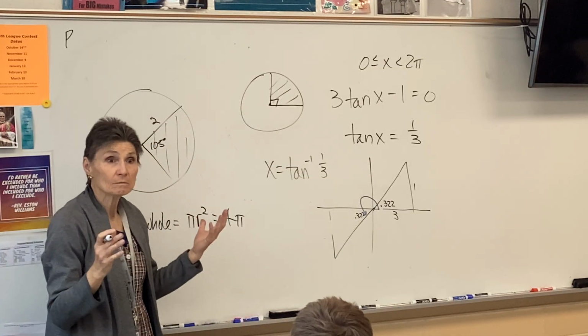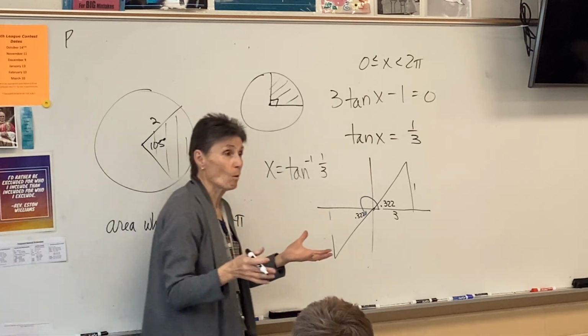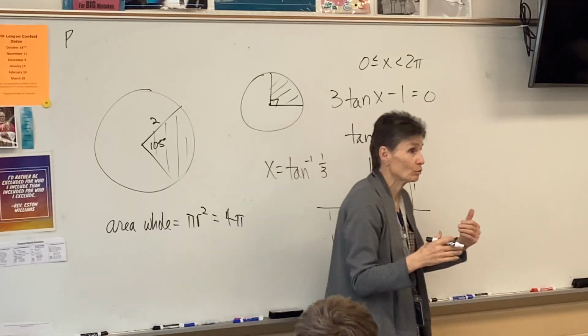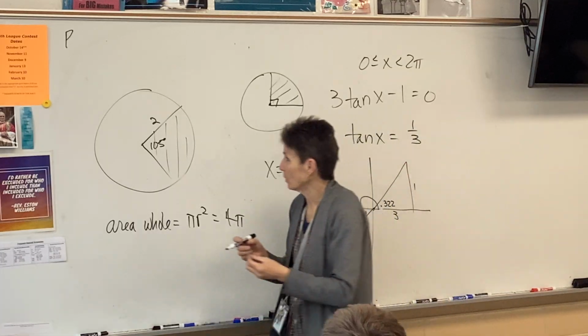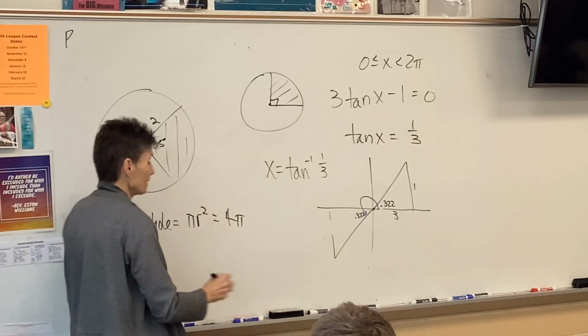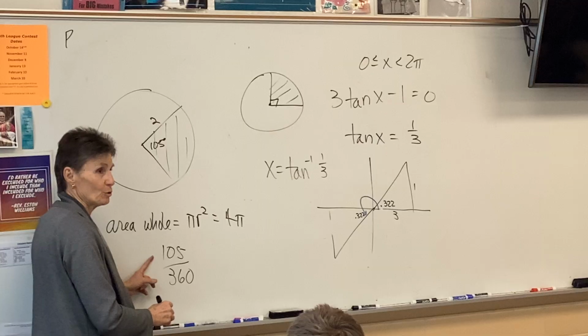What would you do? That's just a fourth, right? It's a fourth. Why is it a fourth? Because 90 over 360? Well, I don't want a fourth of the circle. 105. Exactly. I want this fraction of the circle. Would you agree with that?